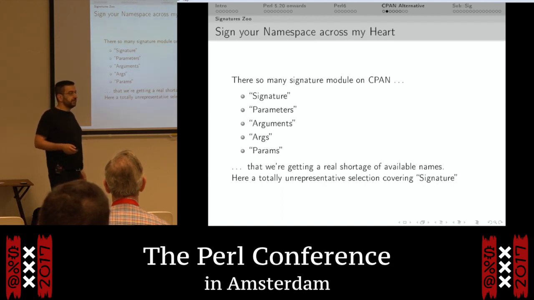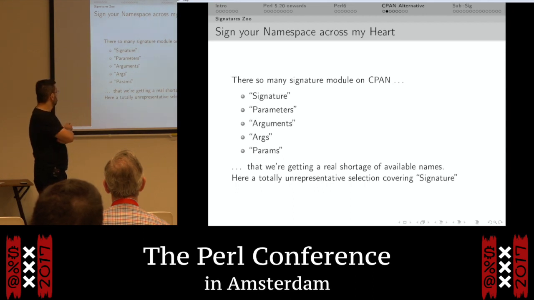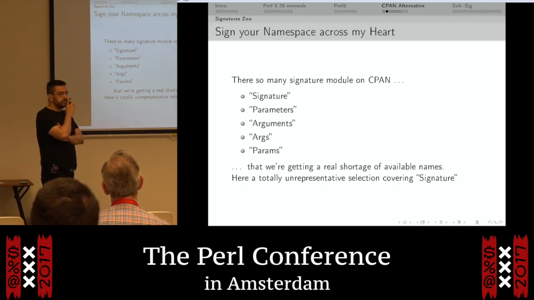Just look through CPAN, you can take bets how many modules you will find. It shows in a way how deep the anger was, how the need was for signatures in Perl5. There are so many modules about signatures that we are getting a real shortage of available names. If you want to release a new module, you don't know how to name it anymore.